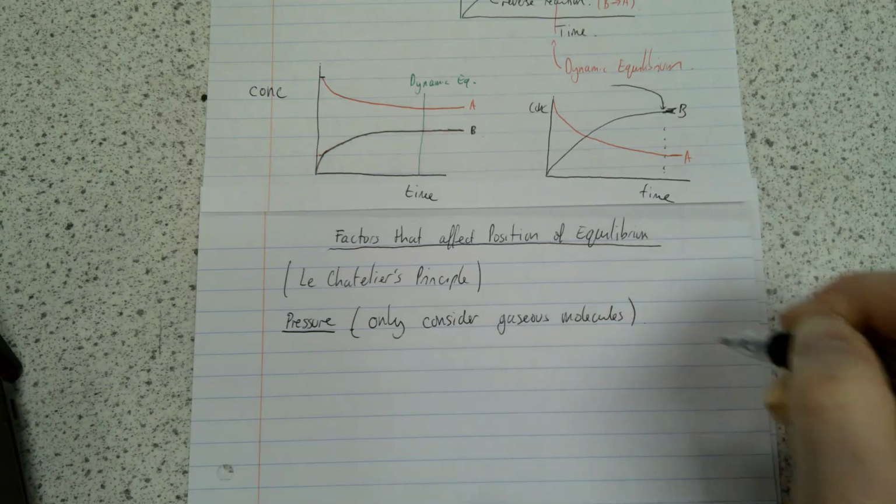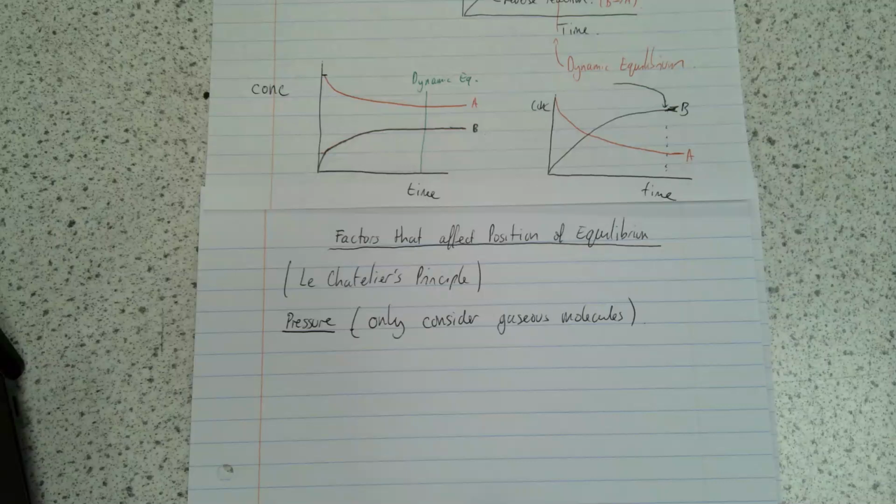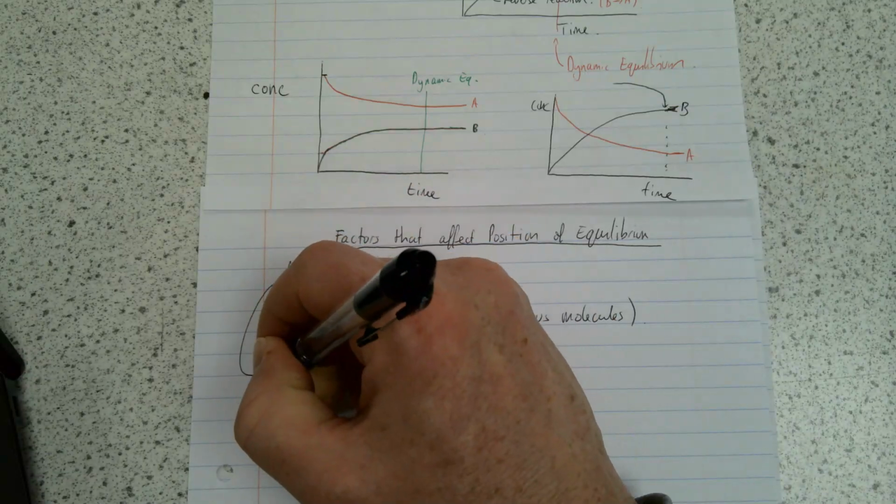And what we talked about yesterday is this idea of Le Chatelier's principle. Le Chatelier's principle, simply put, is the idea that whatever you try to do to a reaction, the position of equilibrium will shift to oppose that change. So let's write down what that is here.